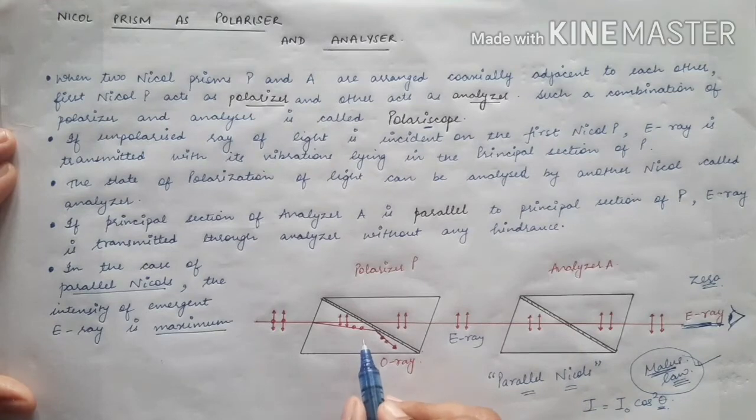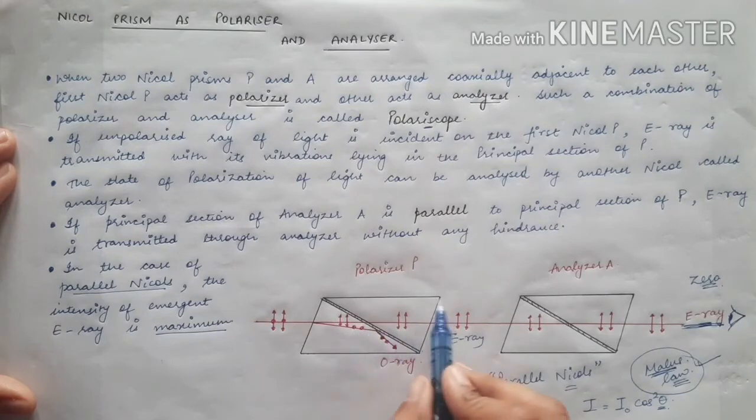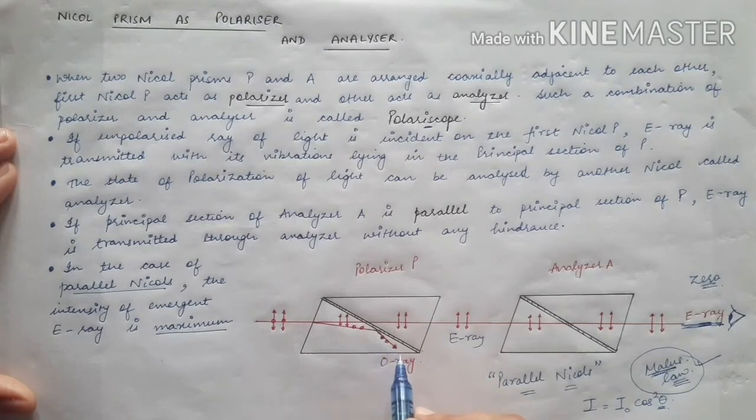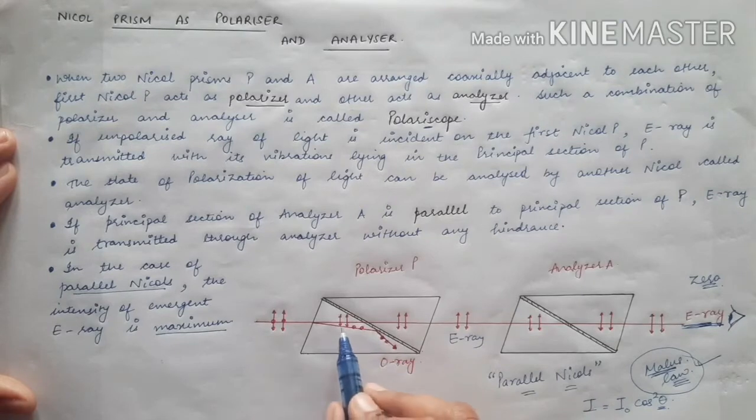As you can see from the first figure, the vibrations of the electric field of the O ray are perpendicular to the principal section, and therefore it gets totally reflected and absorbed inside the Nicol prism.